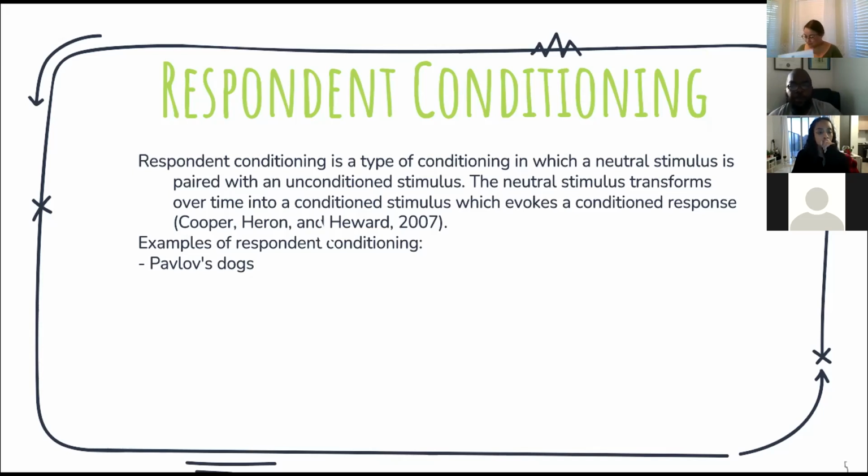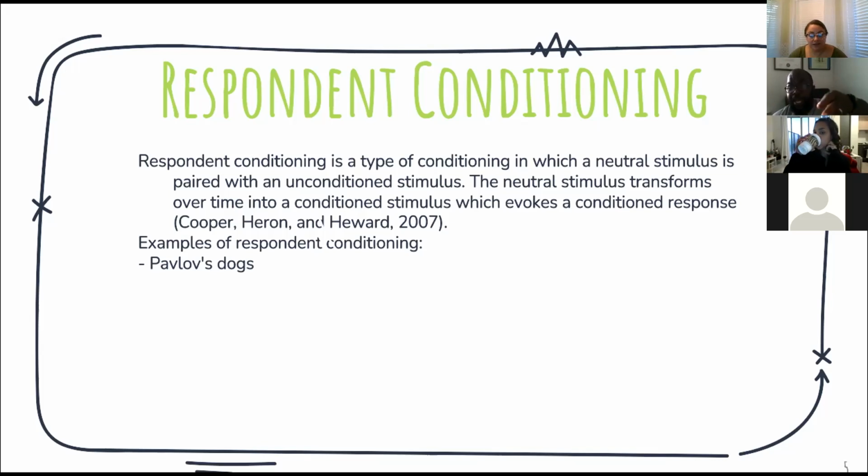So the way I understand natural stimulus is it's something that doesn't have an effect on the environment at a particular time. For instance, let's use Pavlov's dog as an example.